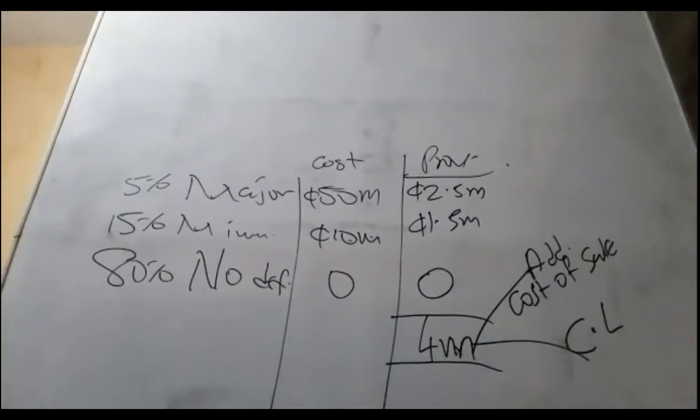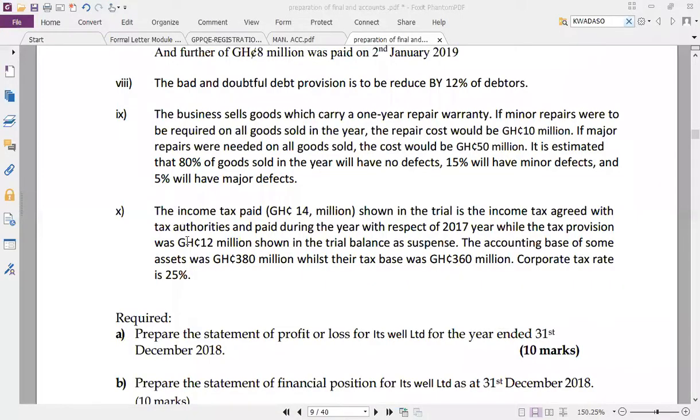I was told that with the last footnote, you are very good at it. That is the income tax. So here comes the question. The income tax paid, 14 million shown in the trial balance, is the income tax agreed with the tax authorities and paid during the year with respect to 2017.